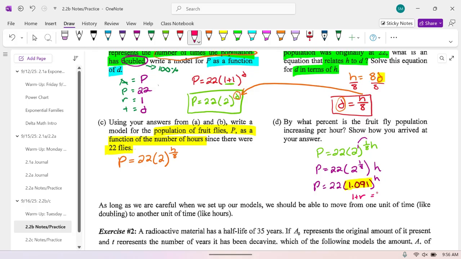So I'm going to set 1 plus R equal to 1.091. If I solve for R, what's my rate as a decimal? Subtract 1. 0.091. That's equal to your R value. Now, what is that as a percent?